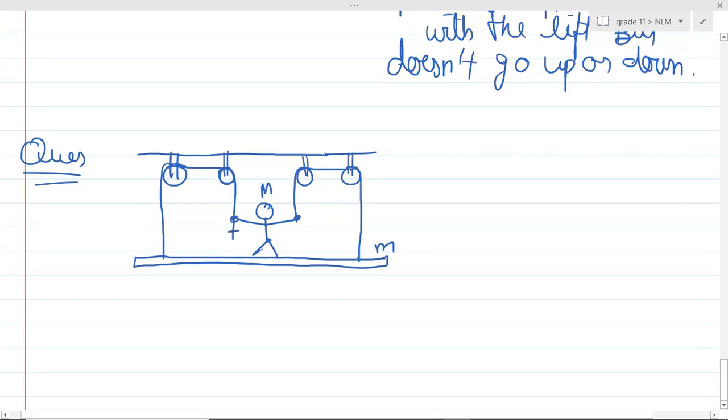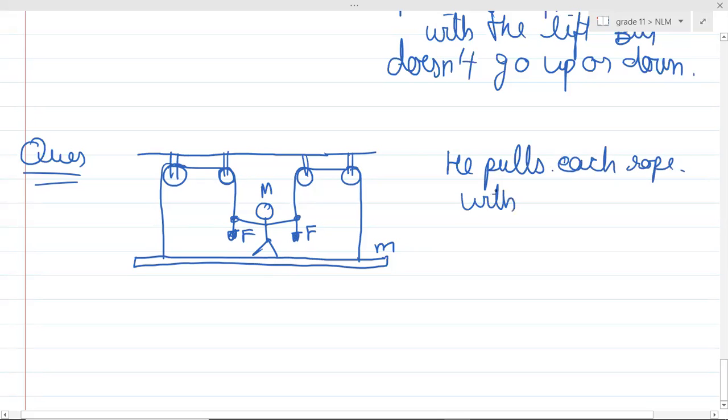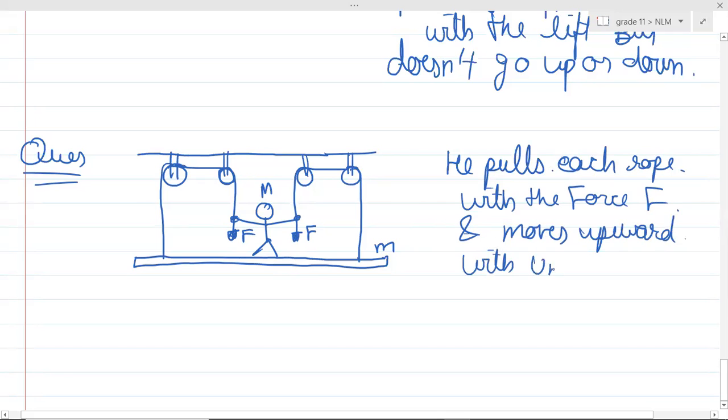He pulls each rope with a force F and moves upward with a uniform acceleration.